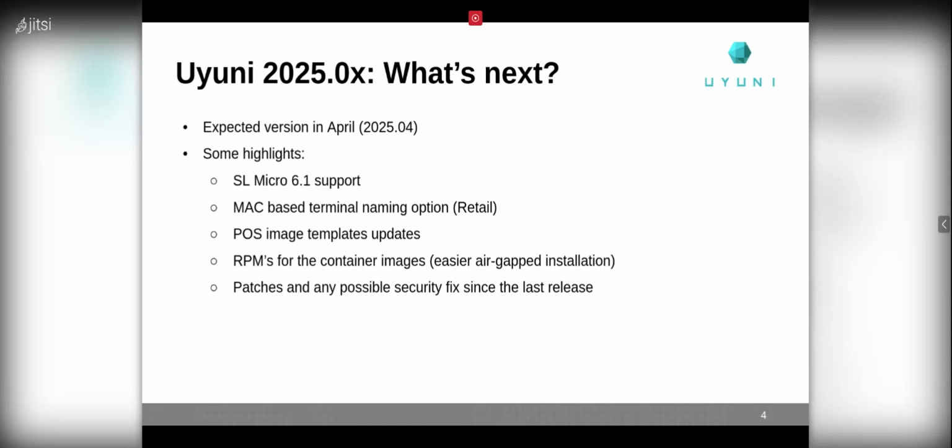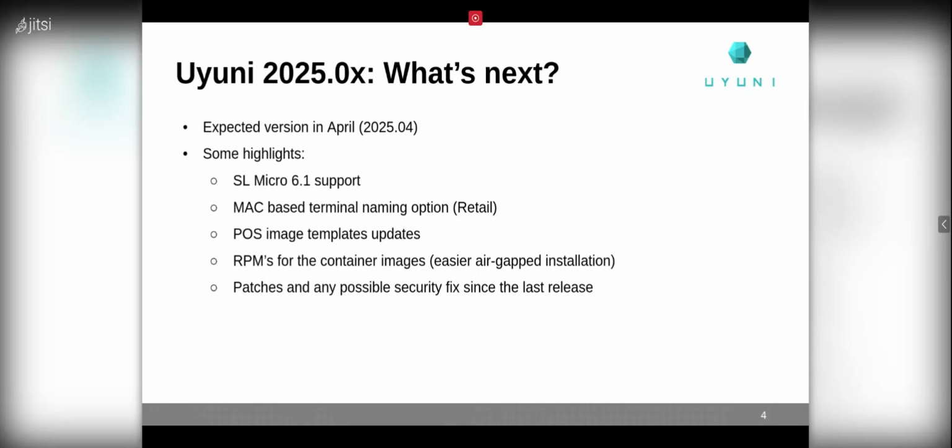So apart from that, some highlights that I can confirm are the SL Micro 6.1 support, so yet another operating system to be supported in Uyuni. Mac-based terminal naming options, which is something related to retail. POS image templates updates. RPMs for the container images, which is something that I am building myself.